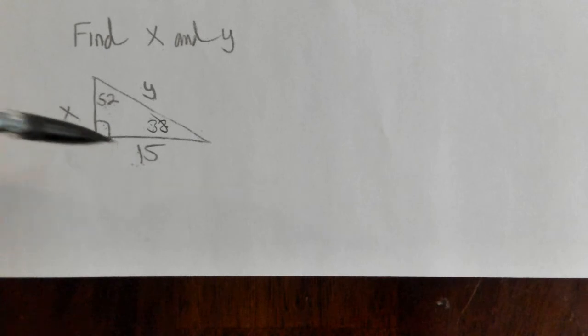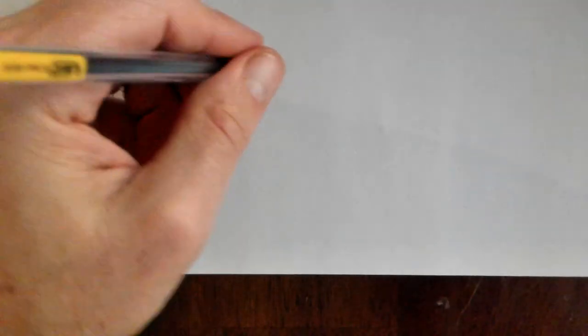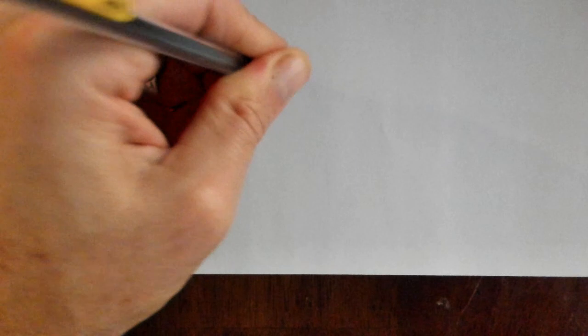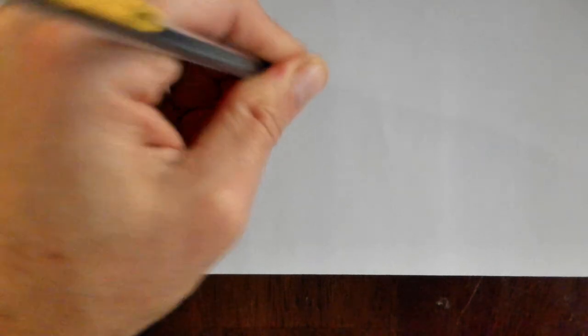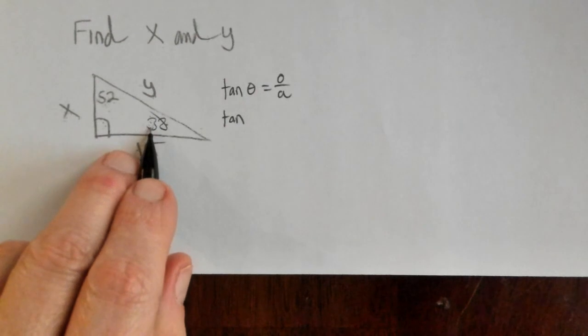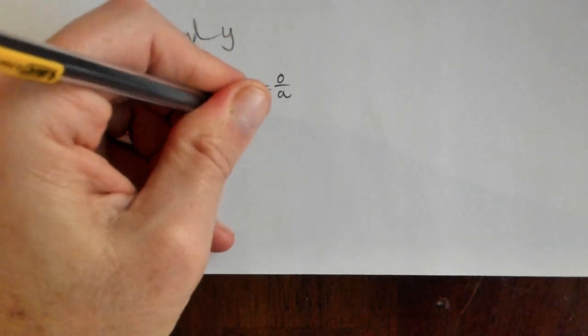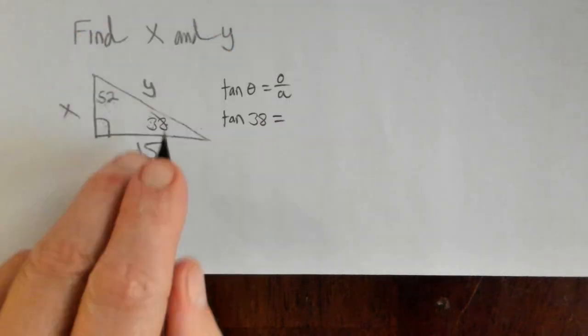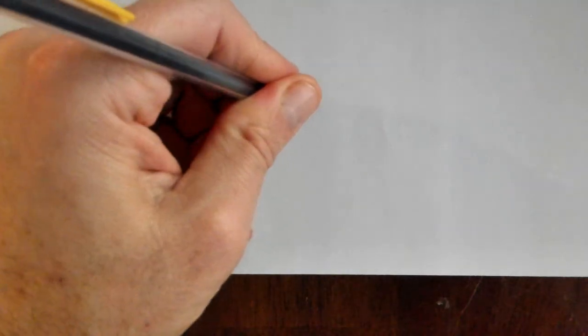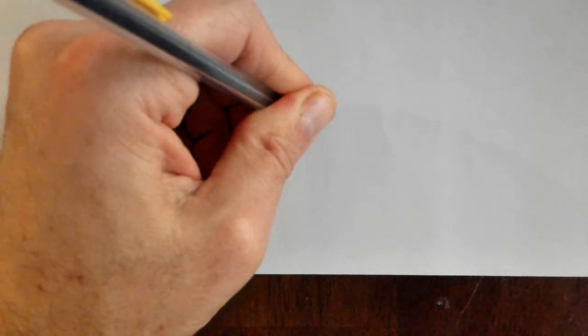So I could go opposite and adjacent. I could use tangent if I wanted to with the setup there. So we could go tangent of the angle equals opposite over adjacent. So tangent of, let's say we use 38 as our reference angle. Then what we would have is the opposite over the adjacent, so that'll be x over 15.